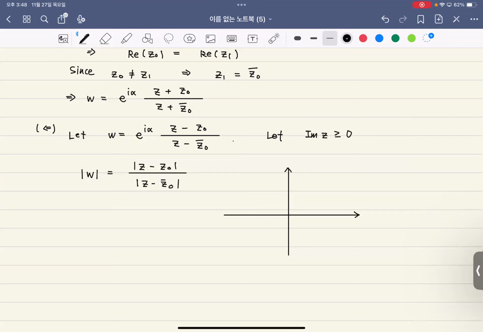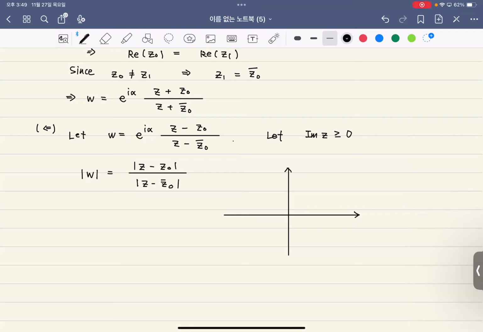Let me try to consider this. So this is my complex plane. Say this is my point z0, and this is my z0 conjugate. Suppose that my point z lies exactly on the real line, the x-axis.